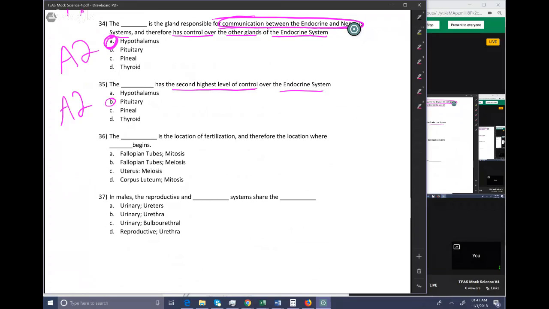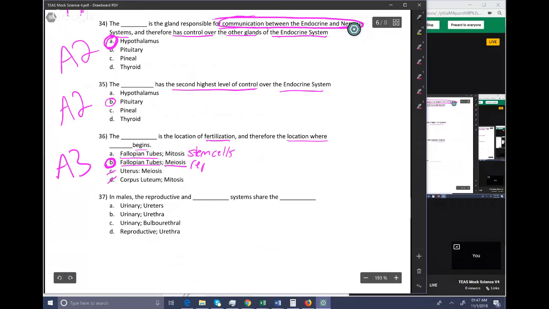36 is a reproductive question, so anatomy 3. And it's asking where fertilization occurs, and then therefore that's the location where what process begins. So hopefully when you hear fertilization, you immediately know it's fallopian tubes. So that brings you to A and B. And then it's meiosis that is involved with reproduction, not mitosis. Mitosis would be stem cells.